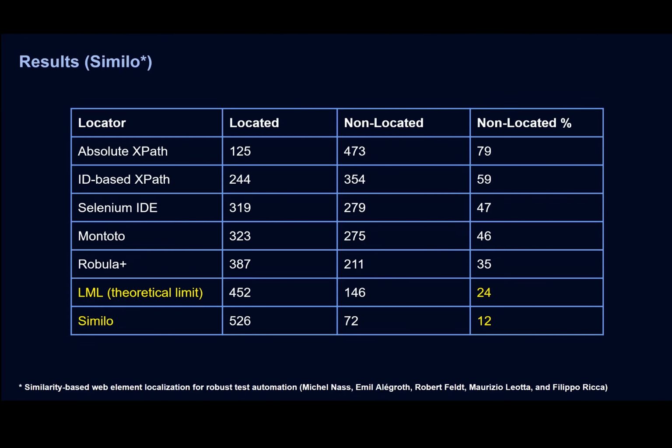Basically, the first 3 are state of practice, the second 3 are state of the art, and Similo is our proposed solution. You see that it has half the amount of non-located, which is the important thing, because that's what causes maintenance of the test scripts. If you have 24 that you have to maintain, that takes on average double the time of maintaining only 12.